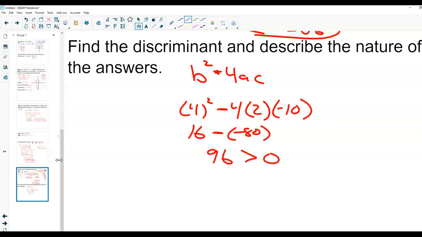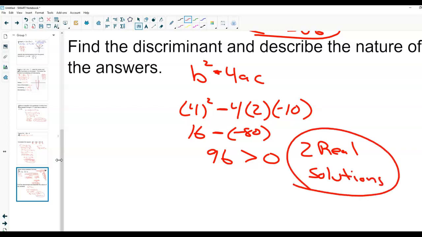Since 96 is greater than 0, we have 2 real solutions. If the positive number was a perfect square, it would be 2 rational solutions. If the discriminant were equal to 0, it would be 1 double root. If the discriminant was less than 0, whether it's a perfect square or not, those are 2 complex solutions in terms of your answers.